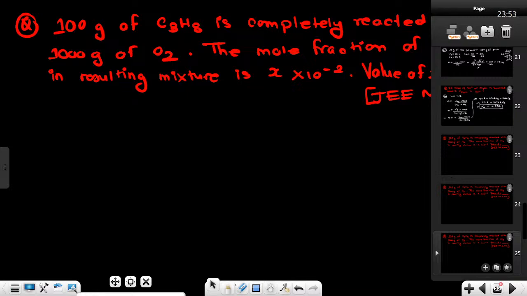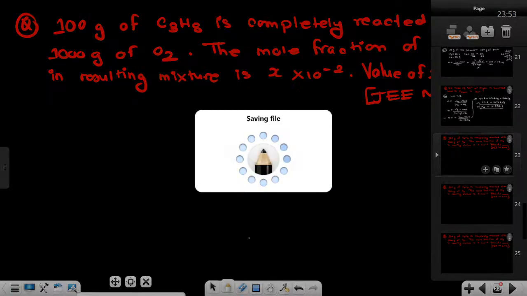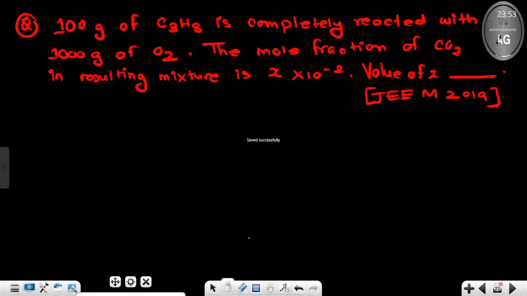Just give me a minute. If the entire file gets deleted, I will go mad. Better to save the file.